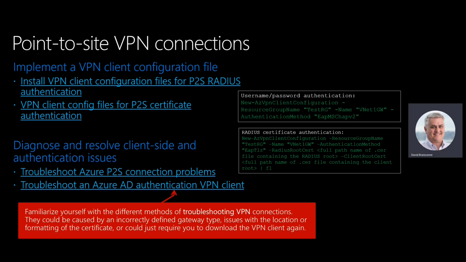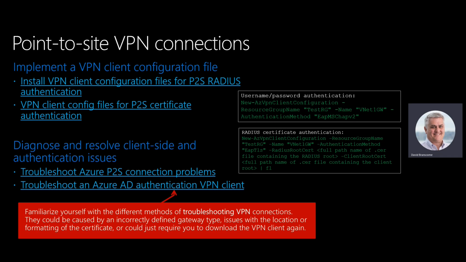When you're using Radius authentication, there are likewise multiple authentication options. So you can use username, password, you can use certificate authentication, and some other authentication types as well. The VPN client configuration in that case is going to be different for each type of authentication.